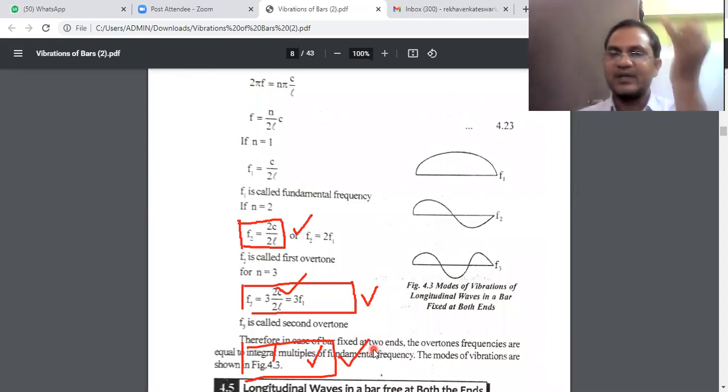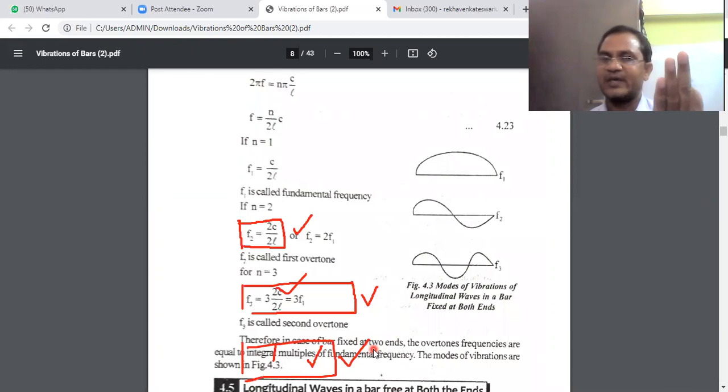The fundamental frequency is f1. Second harmonic, 2f1. Third harmonic, 3f1. Fourth harmonic, 4f1. Next, 5f1, 6f1. Therefore, the ratio of the fundamental frequency to the other harmonics is 1 is to 2 is to 3 is to 4. The overtone frequencies are integral multiples of the fundamental frequency, because 2f1, 3f1, 4f1 have the integers 2, 3, 4.